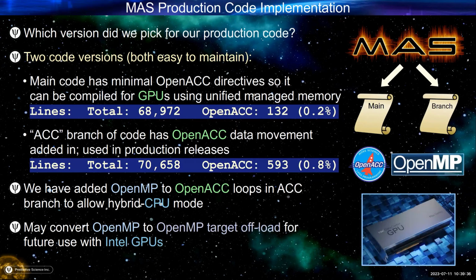And we may actually convert that OpenMP to target offload for use with Intel GPUs, because the Intel compiler also supports do concurrent offload to their GPUs. And so if we add OpenMP target for the reductions in other places where we couldn't use do concurrent, then it might open the door for us to use Intel GPUs eventually.